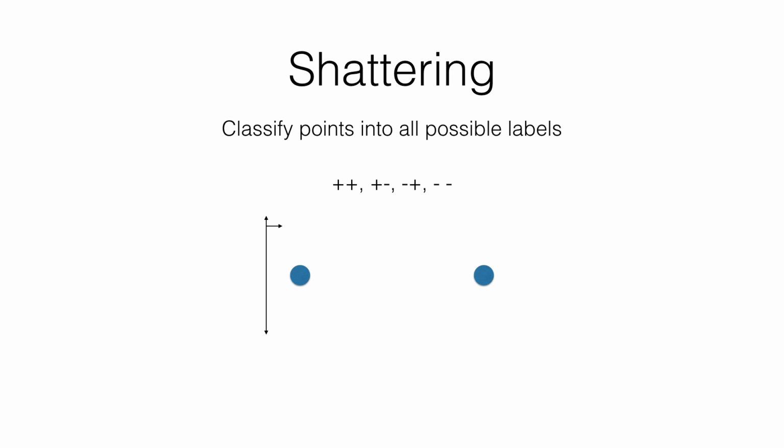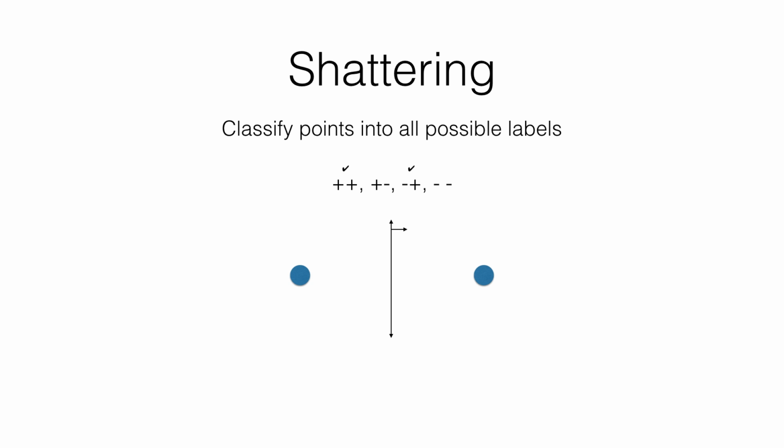So we can see that if we have a hyperplane that I've drawn here, the little black line with the normal vector attached to it, everything in the direction of the normal vector is going to be positively classified, and everything behind it is going to be negatively classified. So in this case, we can classify it with plus plus.